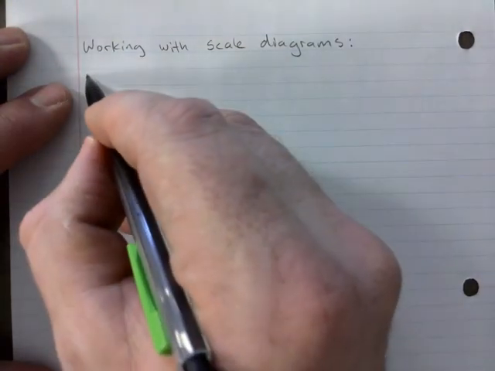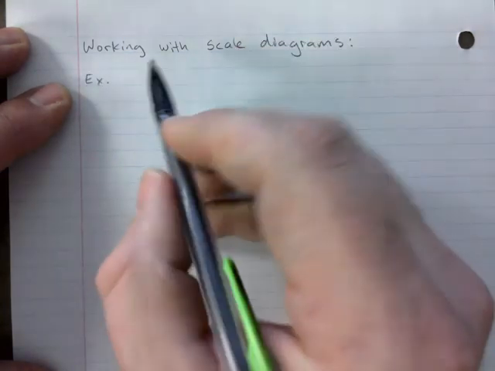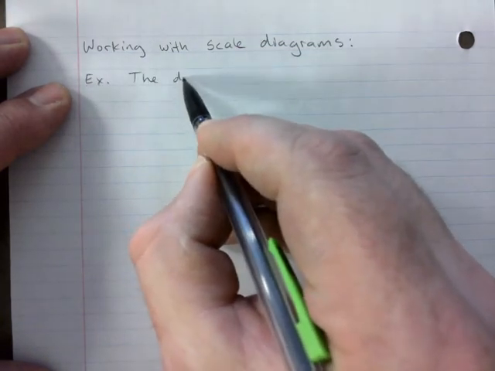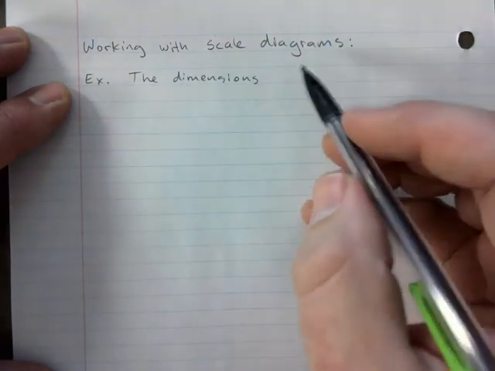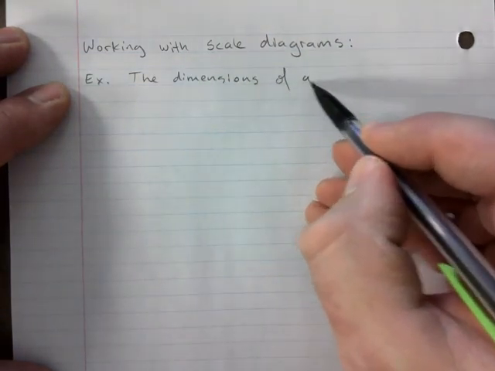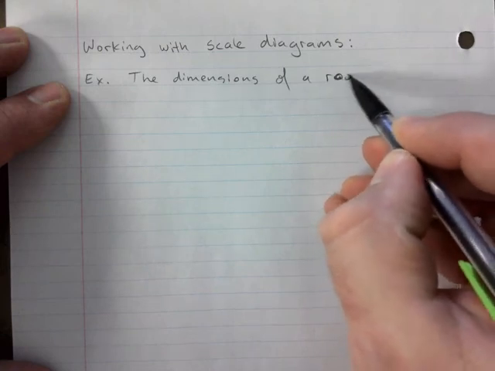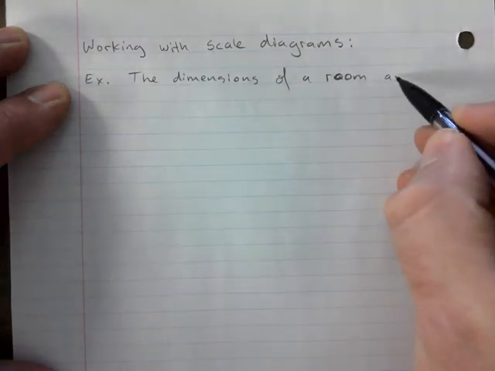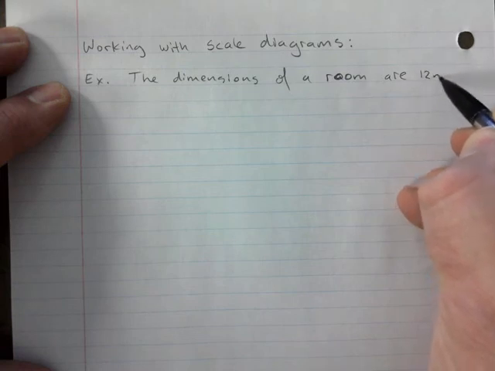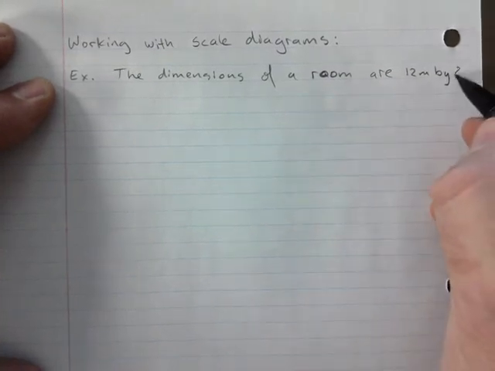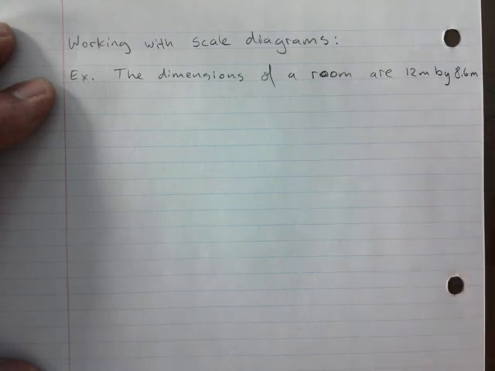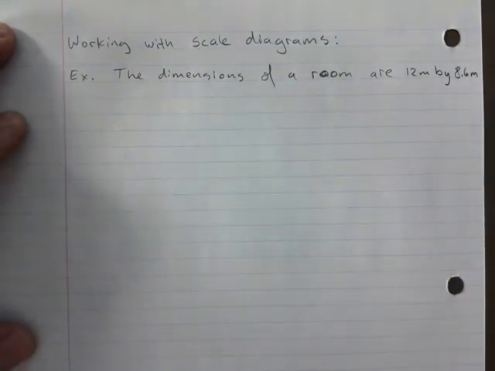Okay, so let's say example, the dimensions of a room are 12 meters by 8.6 meters.